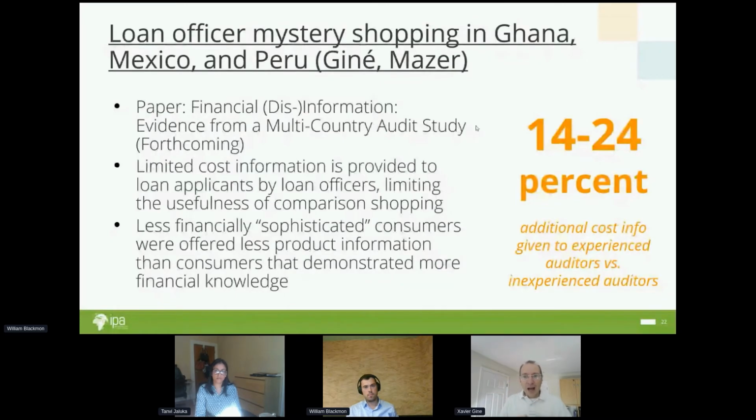And so you train them to collect data. Our shoppers were interested in either credit or savings products, and they were trained at two levels of sophistication, right? Some people basically said, look, I just want a loan, or I have this money that I want to save, and then let the staff just explain what the products were.